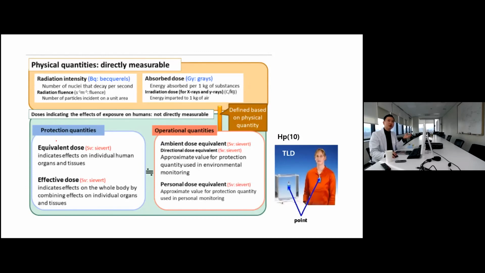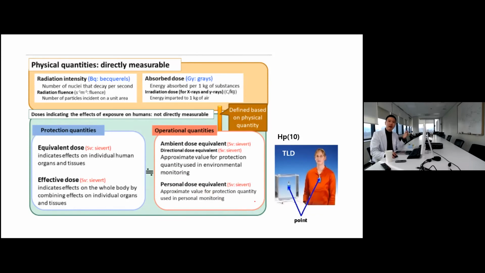These protection quantities we cannot directly measure, but these operational quantities we can. They consist of the ambient dose equivalent, which is used to monitor the environment, and the personal dose equivalent, which is used to monitor the person.